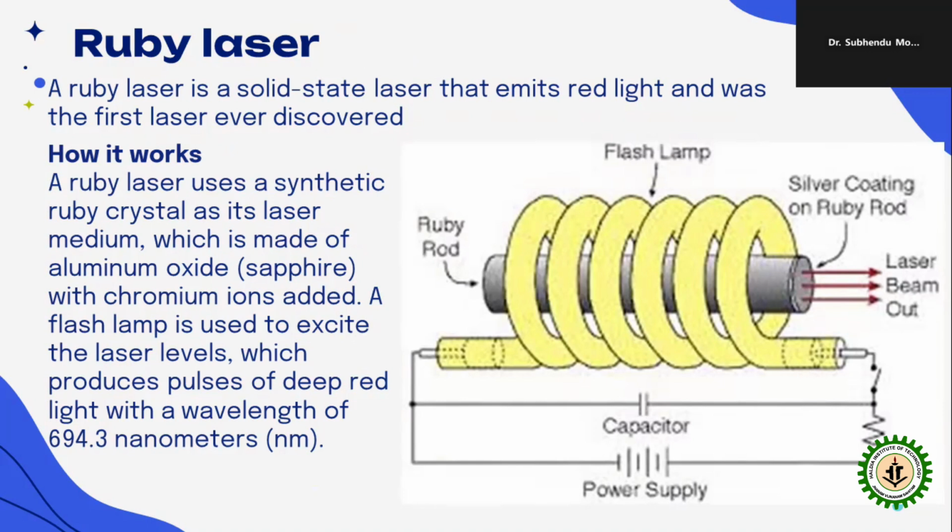A ruby laser is a solid state laser that emits red light, and it was the first laser discovered. A ruby laser uses a synthetic ruby crystal, made of aluminum oxide, called sapphire, doped with chromium ions.